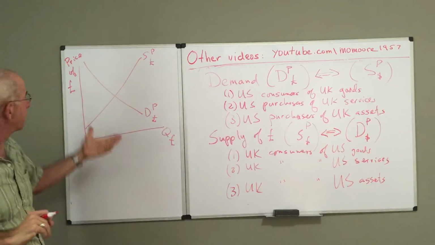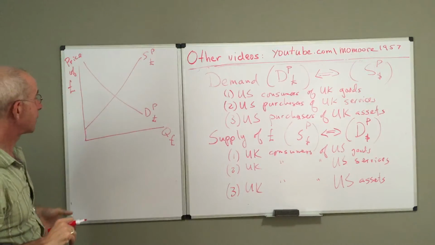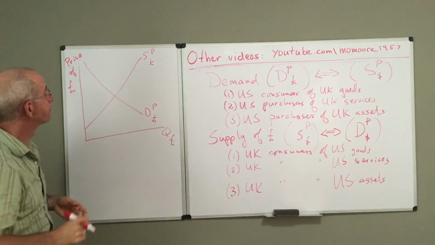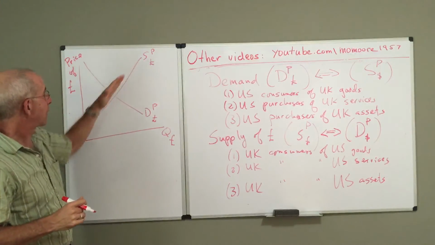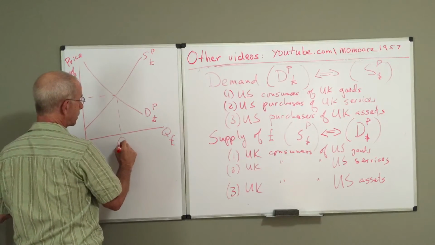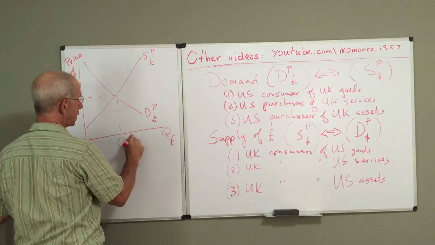And we'll talk a little bit more about how to interpret the price of pounds in just a bit, but let me just think about some of the mechanics here. So we've got the supply, and we've got the demand.